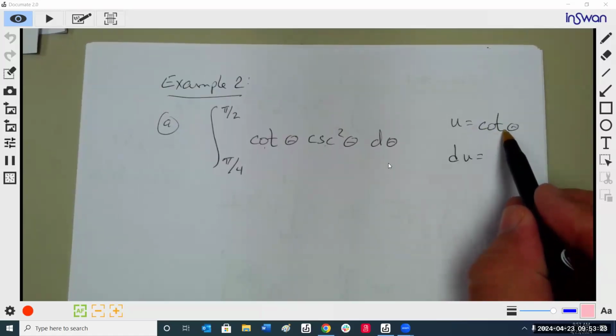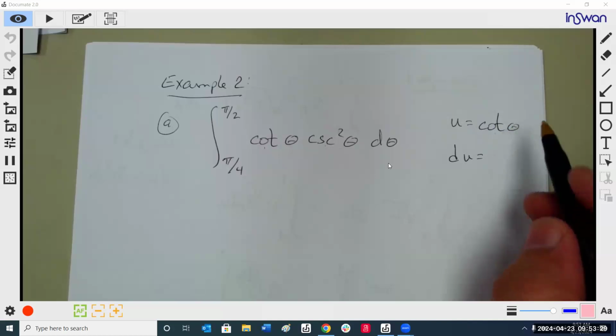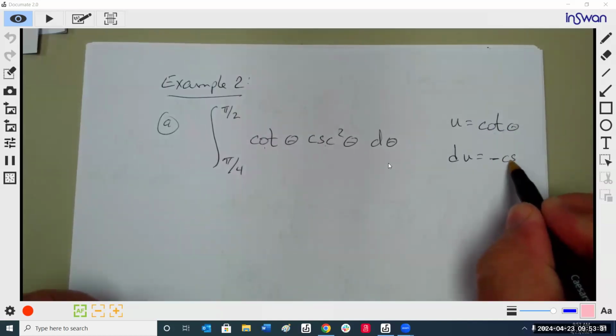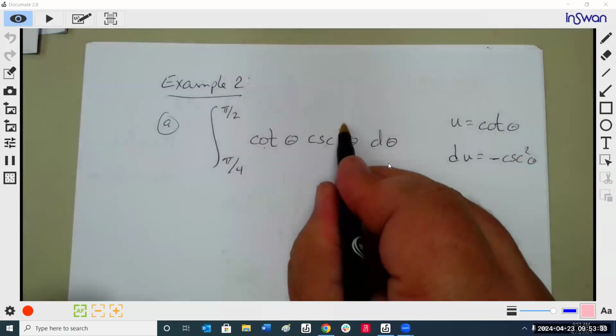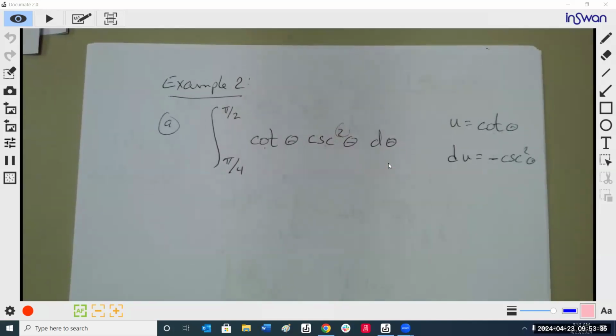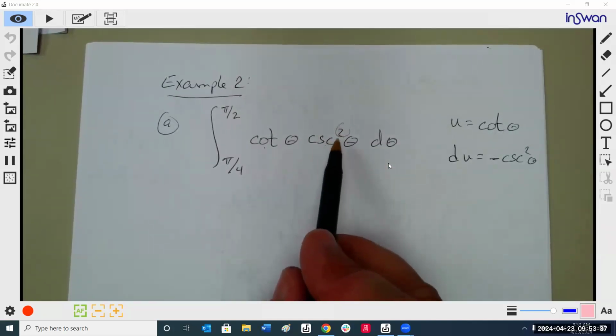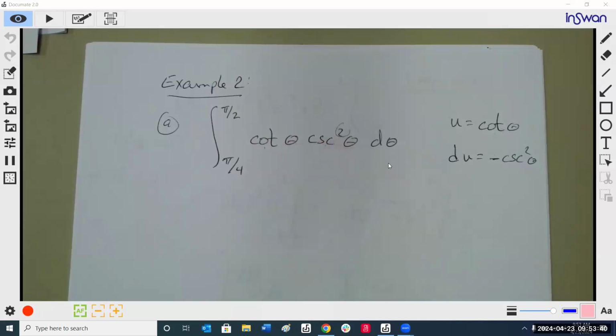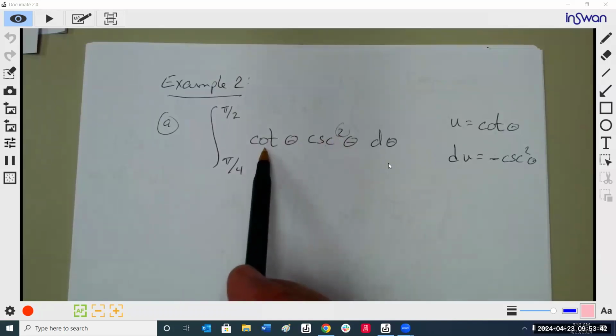What's the derivative of cotangent? Yeah, so it's negative cosecant squared, which I want a cosecant squared. Because the derivative of cosecant squared would be 2 times something, not cotangent.